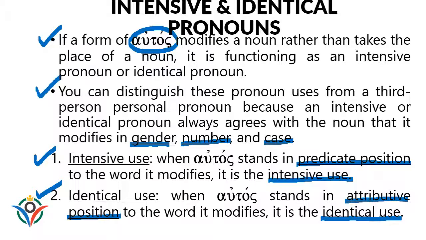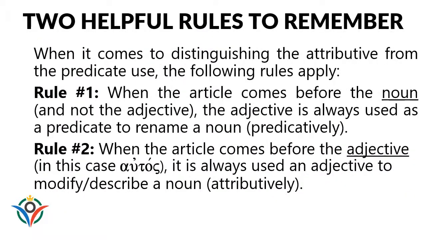So you probably can't remember the rules that govern the various positions. So let's quickly do some revision. Now, when I mentioned predicate position and attributive position, you might have forgotten what those two positions actually mean. So here are two helpful rules to remember once again.